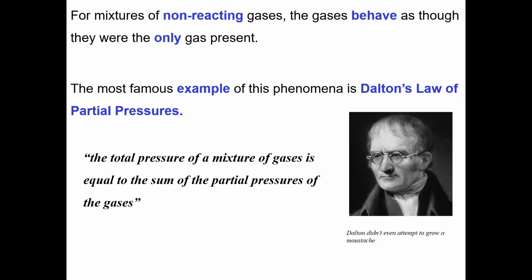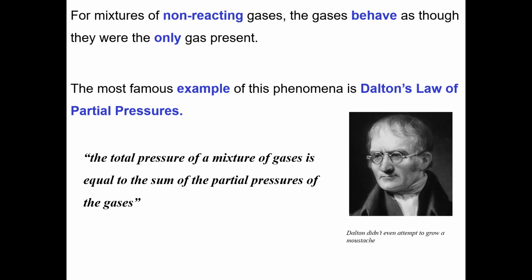And it was Dalton, the same guy who studied the atomic theory, who figured out how mixtures of non-reactive gases behave. And this is known as Dalton's law of partial pressures. Dalton's law of partial pressures states the total pressure of a mixture of gases is equal to the sum of the partial pressures of the gases.